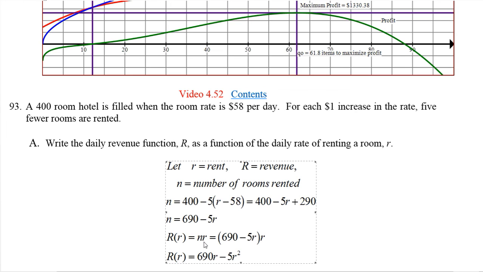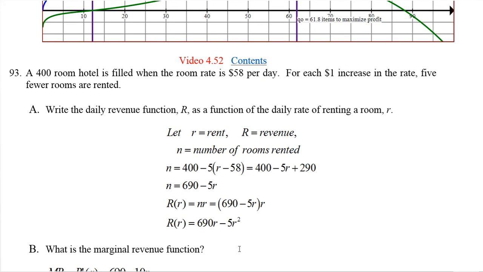So there's a very easy formula for R, but it's not just in terms of r, it's in terms of n and r. But since we have n in terms of little r, we can substitute that in, and now we have big R as a function of little r. There it is factored, or if we distribute, we get this version, and we see we have a quadratic relationship between little r and capital R.